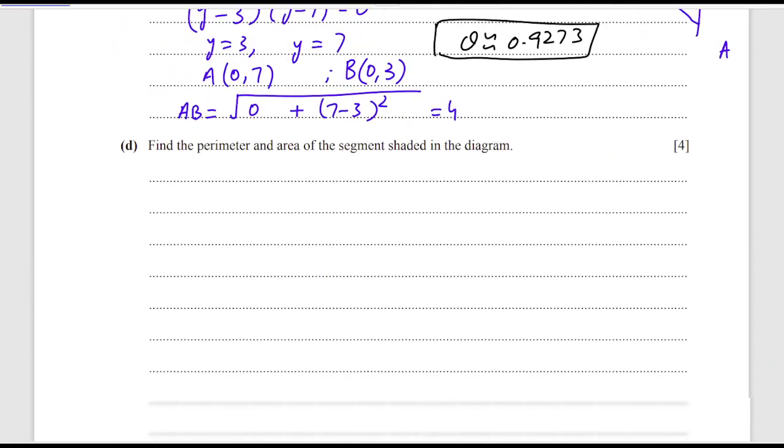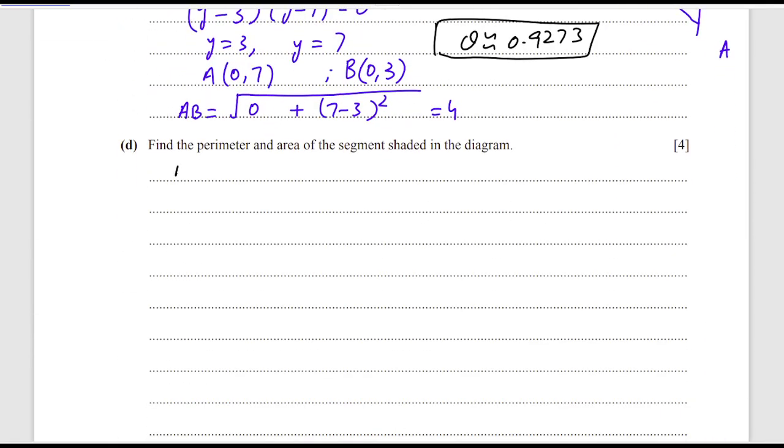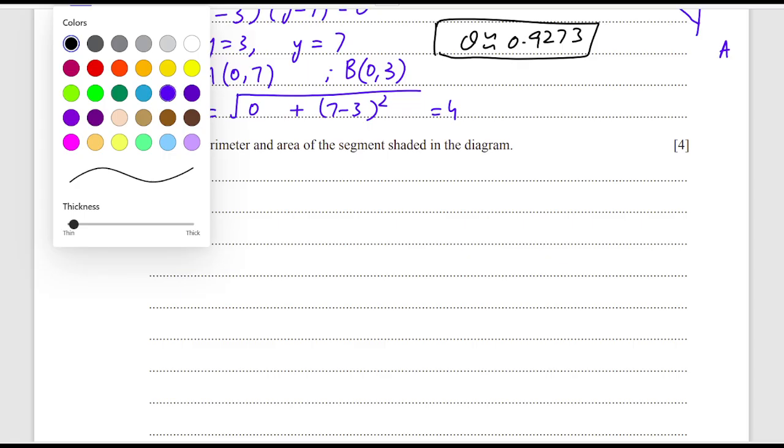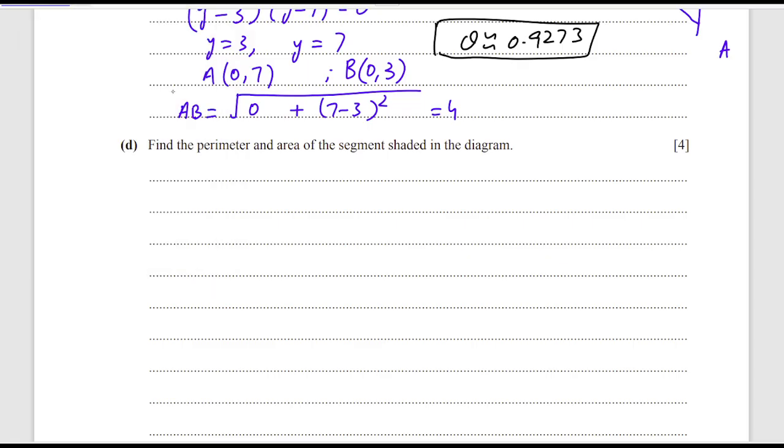So first find the length of arc AB, as arc AB is equal to r times theta. R is square root 20 and theta is 0.9273.